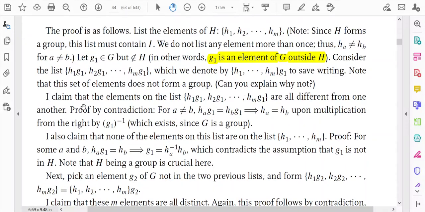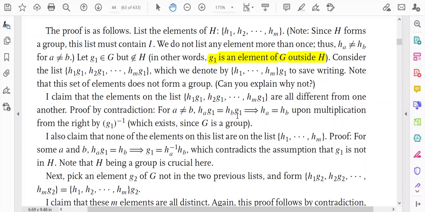Now I claim that the elements on the list H1 g1, H2 g1, up to Hm g1 are all different from one another. How to show that? We can prove it by contradiction. Suppose, for a not equal to b, Ha g1 is equal to Hb g1. So we are saying that two elements are equal.